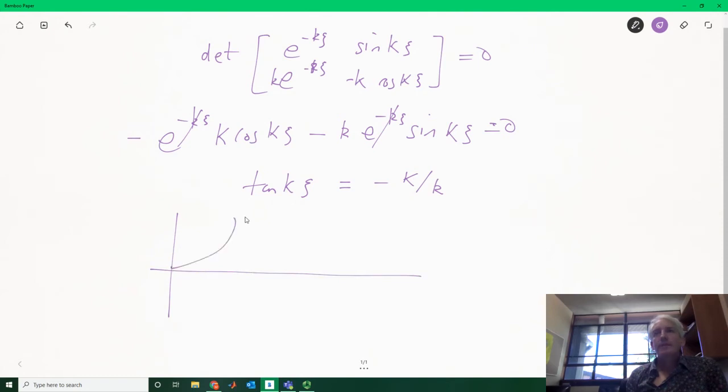Here's tan. We'll assume again that zeta is equal to 1 for simplicity. Just have a look at the solution. It doesn't make a lot of difference, it just scales it if you assume it's not.